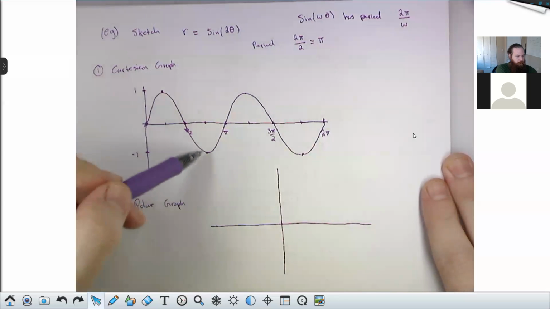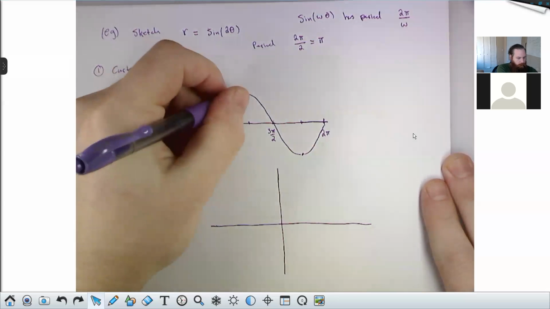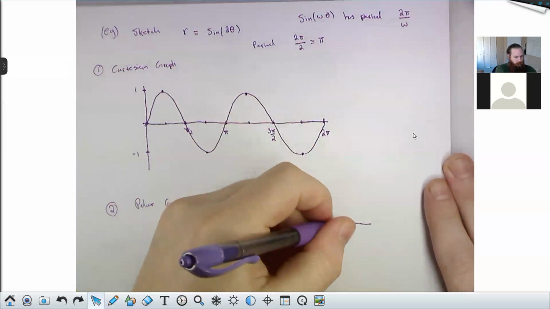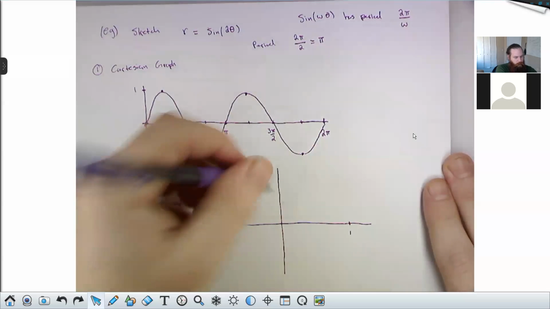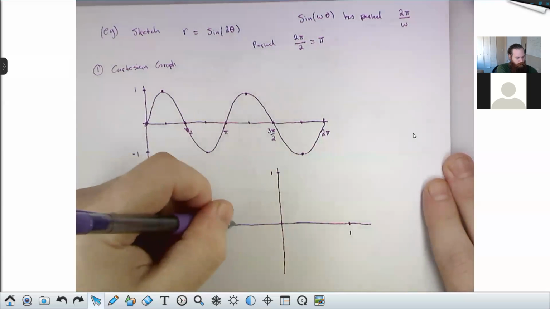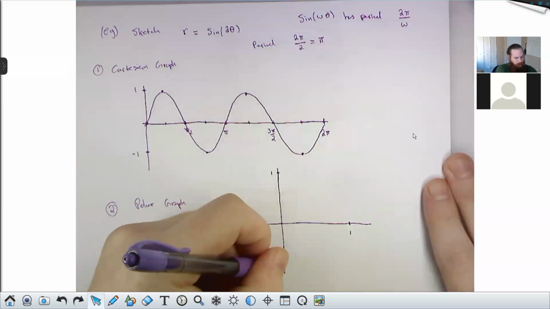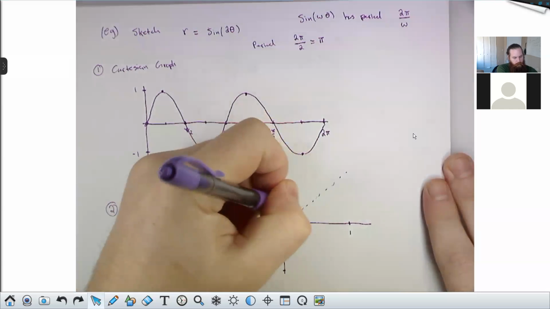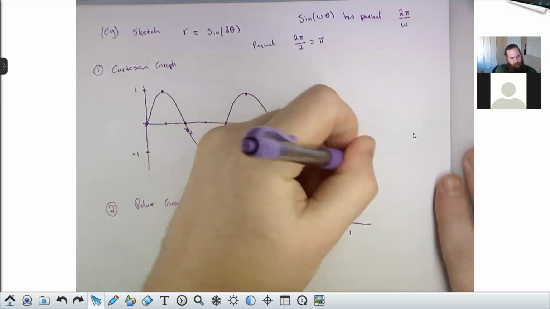The max amplitude here is 1, right? The largest r ever gets here is 1. The amplitude is 1, so I'll go ahead and come out here and mark this as 1. And I'm going to add in some helper lines. This is theta equals pi over 4.